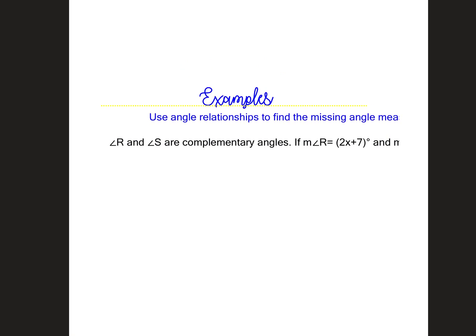For this next one, it says R and S are complementary, which we know means add up to be 90. So angle R is 2x plus 7 plus angle S is 4x minus 13, and that's going to equal 90 degrees. Combining our like terms, we get 6x and then we get positive 7 minus 13, so minus 6.